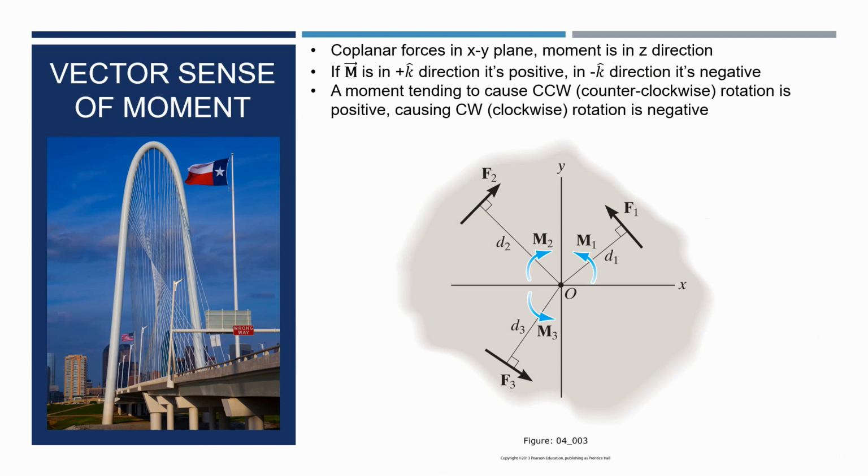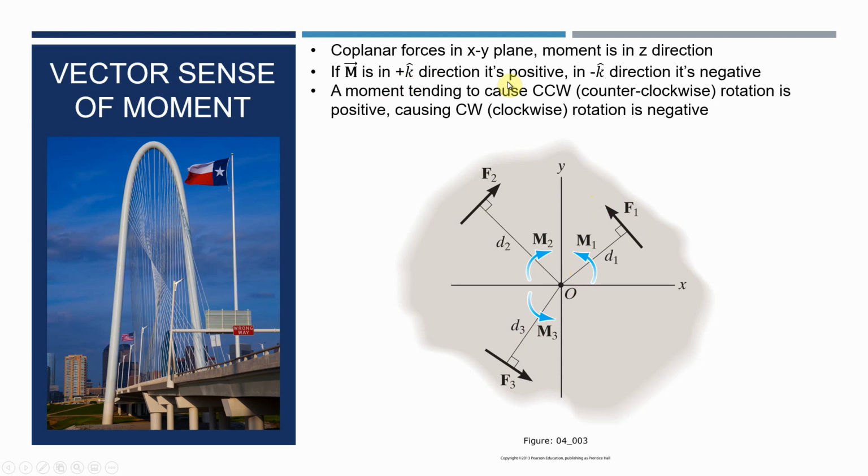So a couple things to note about the moment. If you have coplanar forces in the XY plane, then the moment is in the Z direction. You can just add up the moments. If you have a counterclockwise force like F1 and F3, counterclockwise, that's positive.